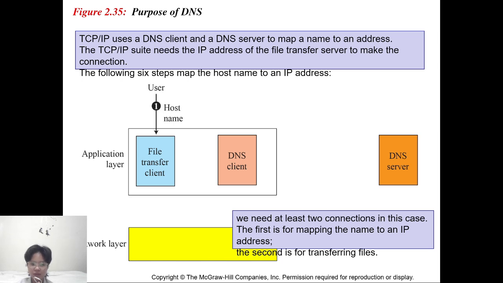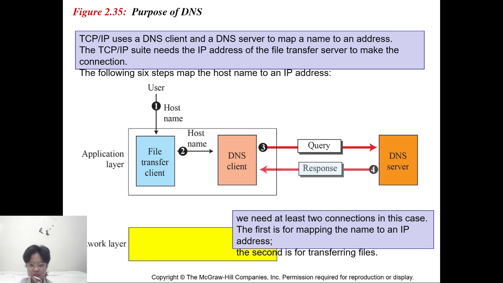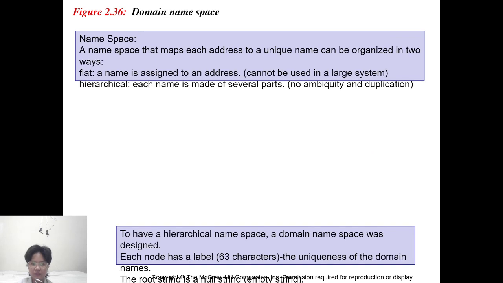Step 1 is the host name, step 2 is the application layer, step 3 is the query, step 4 is the response, step 5 is the IP address, and step 6 goes from the application layer to the network layer. We need at least two connections in this case. The first is for mapping the name to an IP address. The second is for transferring the file.